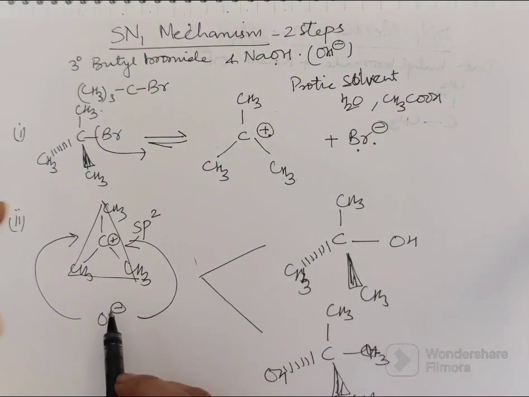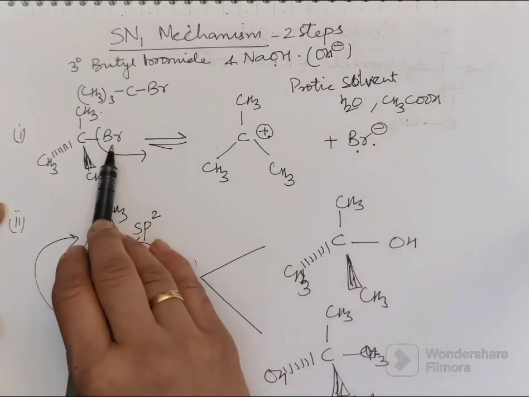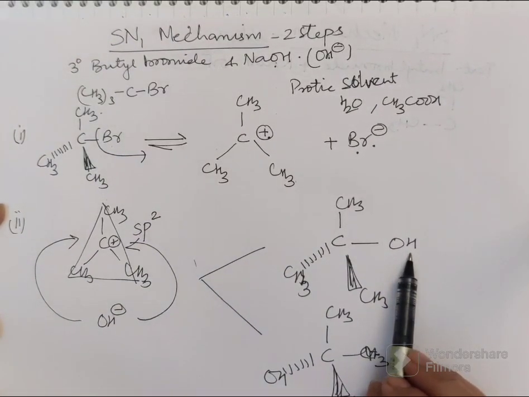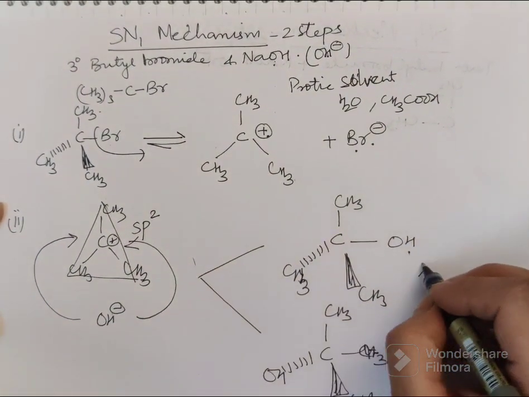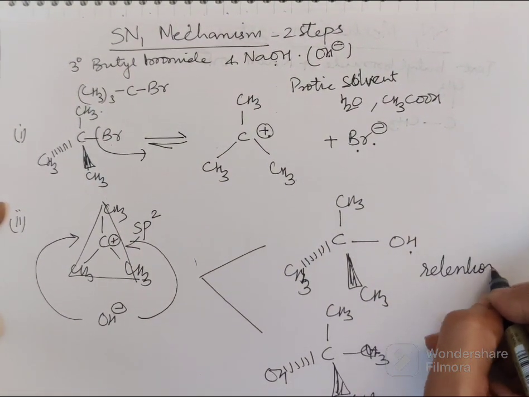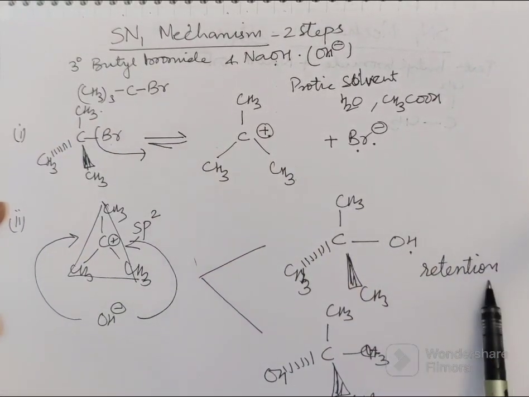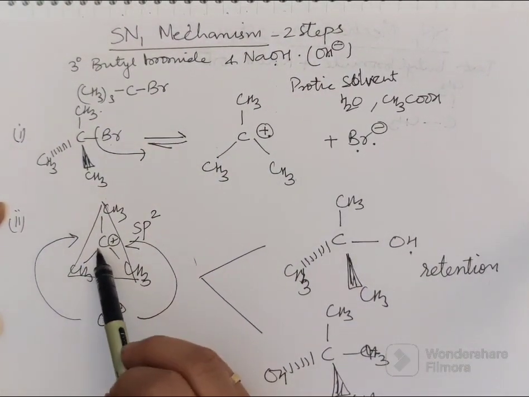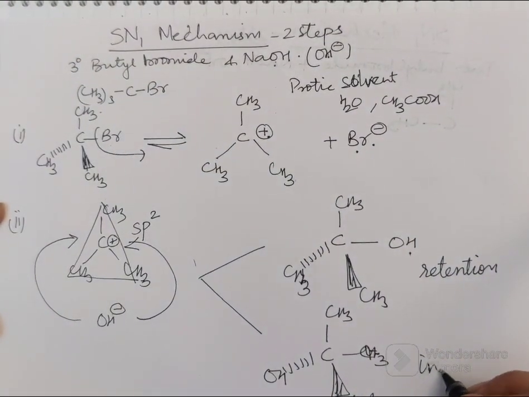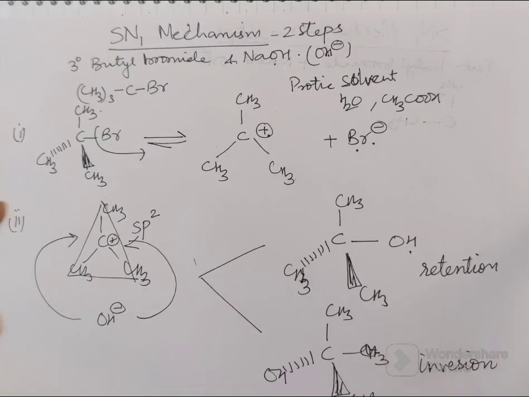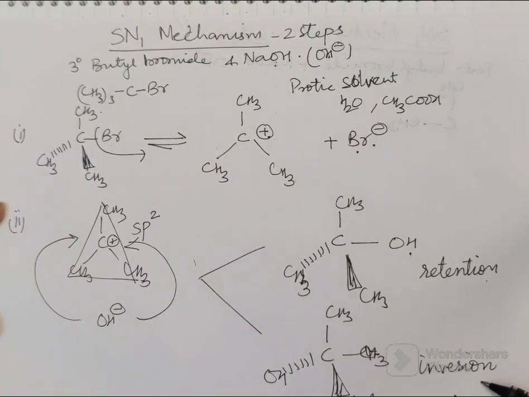Now you can see, if it attacks from the right hand side, where bromine was attached, it has got added, bonded from that side, which means there is retention of configuration. The configuration is exactly similar to what it was, so it is called retention. And if OH attacks from the left hand side, it has come from the opposite side, which means inversion has taken place. 2 molecules will form, one with retention, one with inversion.